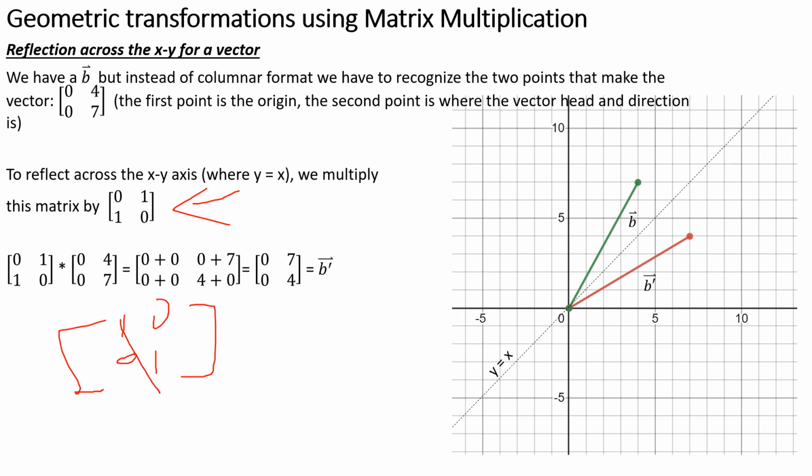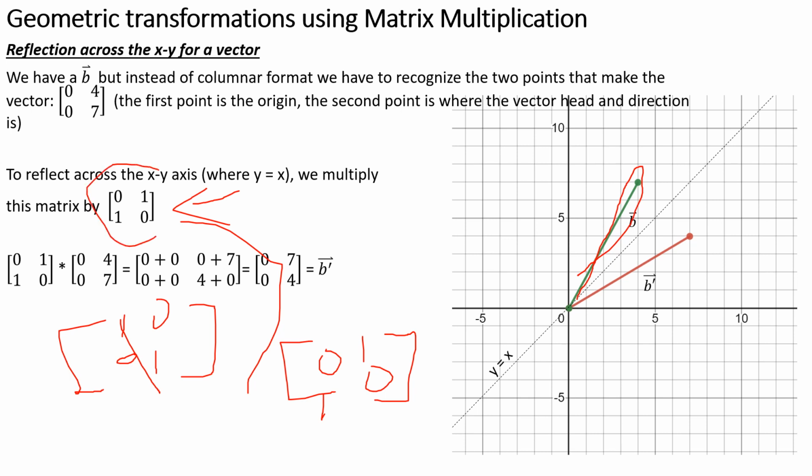If I want to reflect across the XY axis, I really kind of throw everything in the opposite direction, which makes sense. I make it 0, 1, 1, 0. And it reflects, here's my B prime right there. And by multiplying by this matrix, which I've done right here, it reflects it across the y equals x axis.